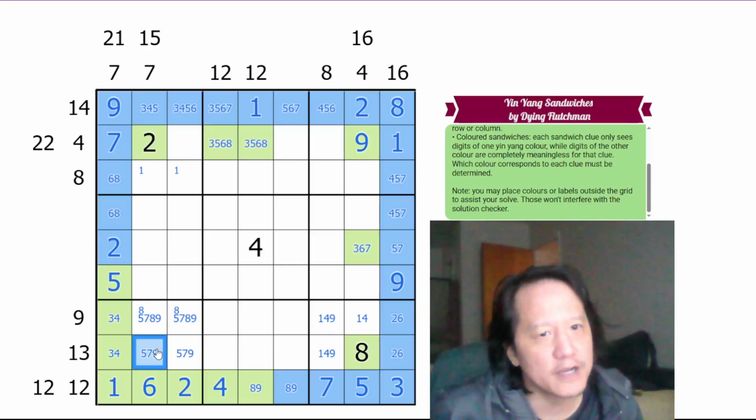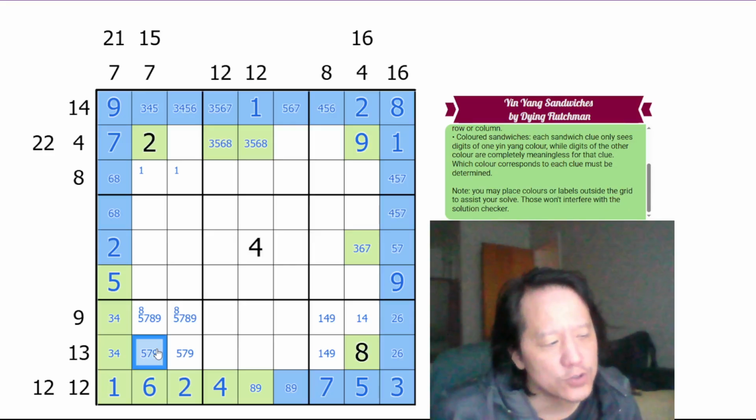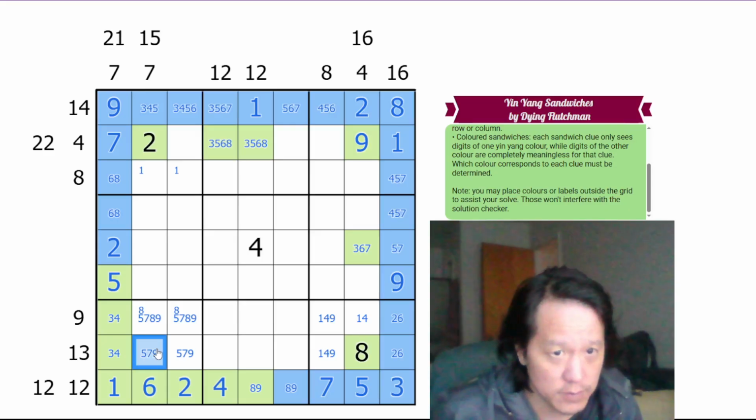So 1, 9, 2, 6 is guaranteed. That adds up to 18, I believe, outside of the sum. 1, 9, 6, and 2. That's 18, yes. So 45 minus 18 is 27.